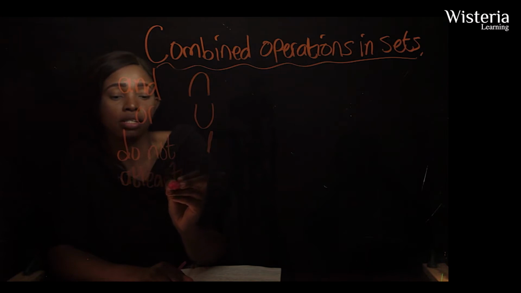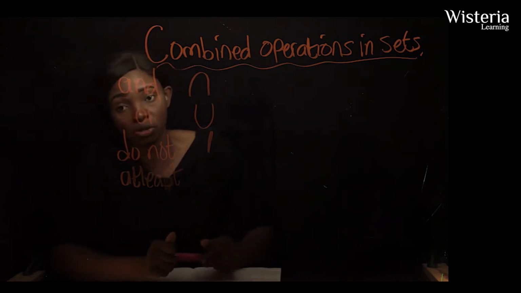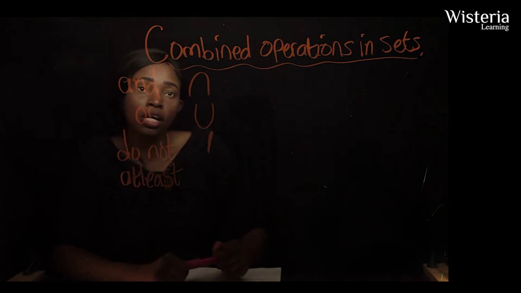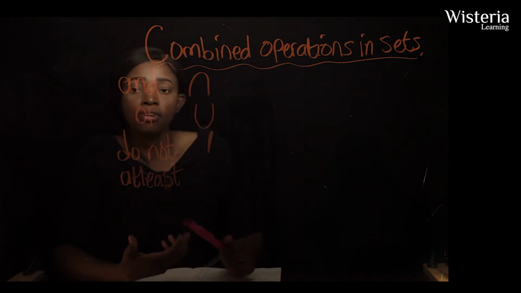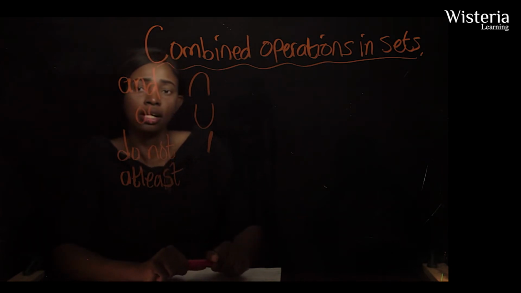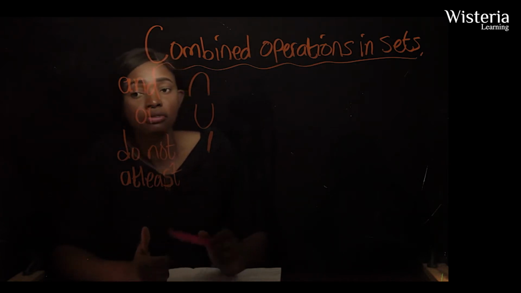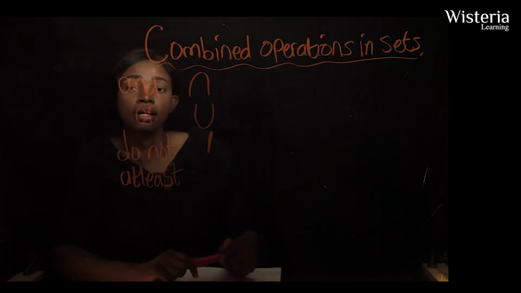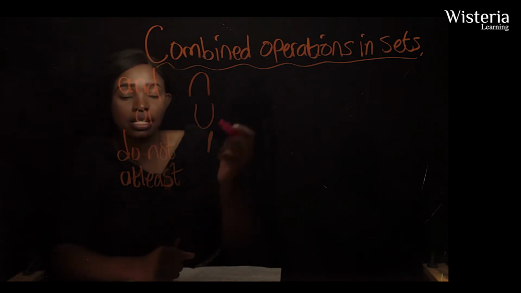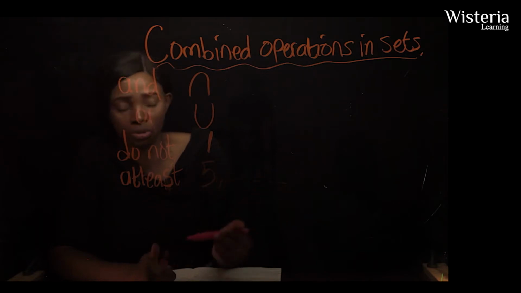"At least" is used where what is being referred to is more than the given figure. For example, if we say at least 5 pupils take English and mathematics, it means 5 or more students take mathematics and English. So if they say at least 5, it means it is 5 or more.